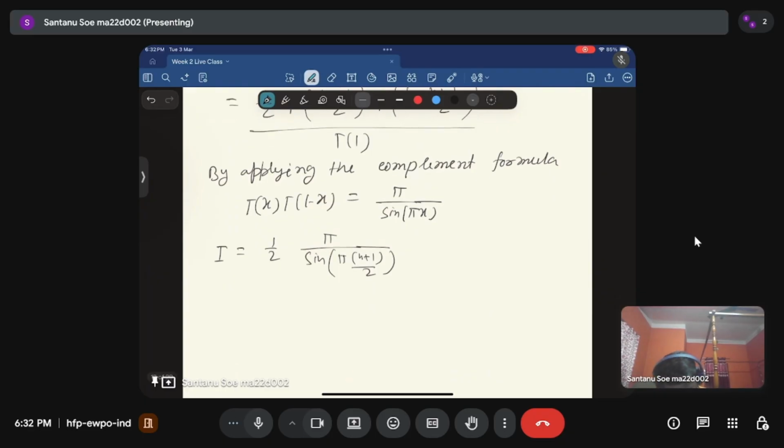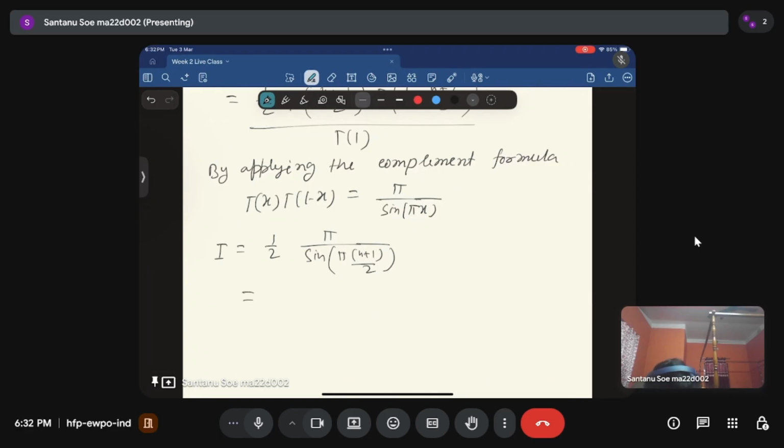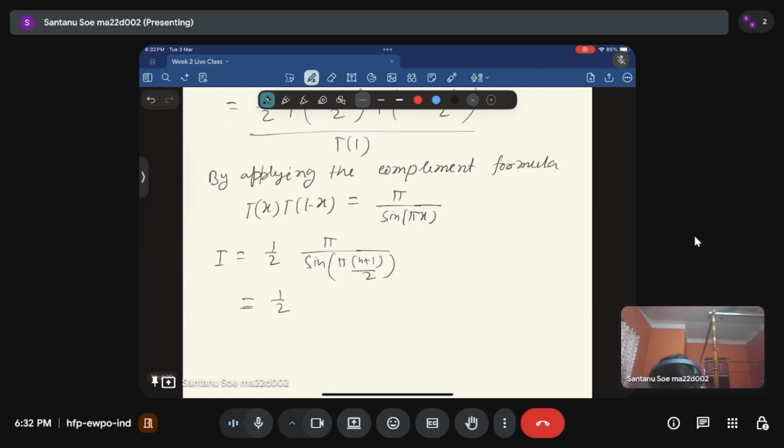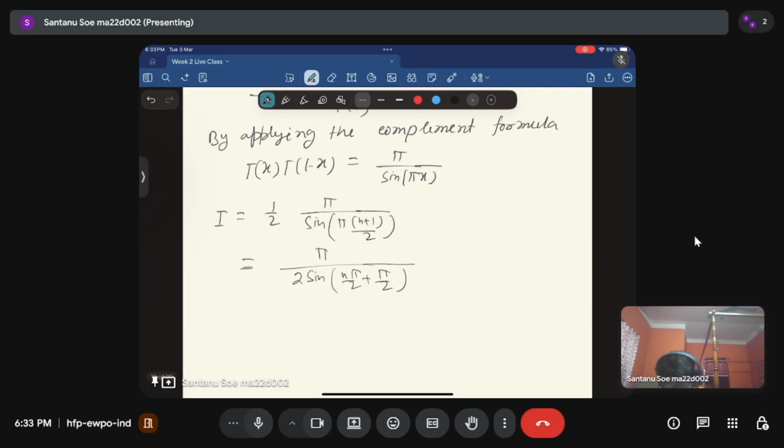Correct. And this is going to be pi divided by 2 sine of (n pi by 2 plus pi by 2). Okay, and this will be the answer of this question.